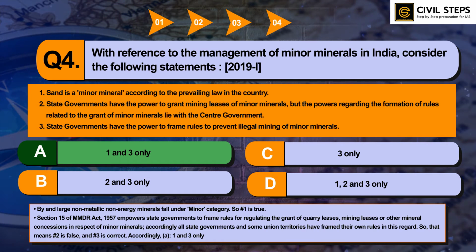Accordingly, all state governments and some union territories have framed their own rules in this regard. So that means statement number 2 is false and statement number 3 is correct. Accordingly, the answer is option number A, 1 and 3 only.